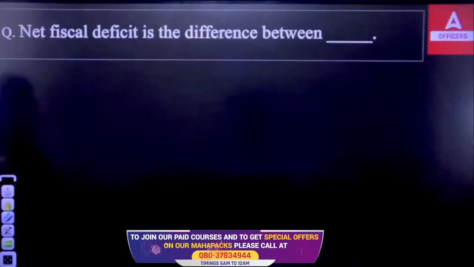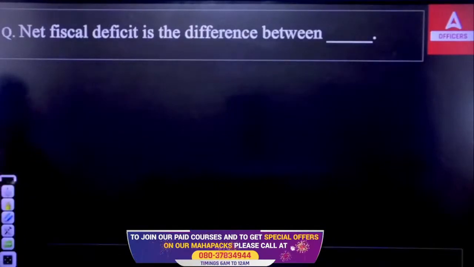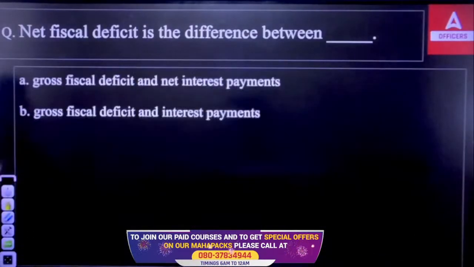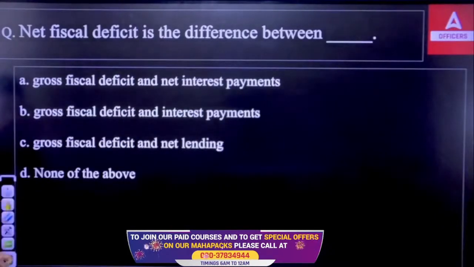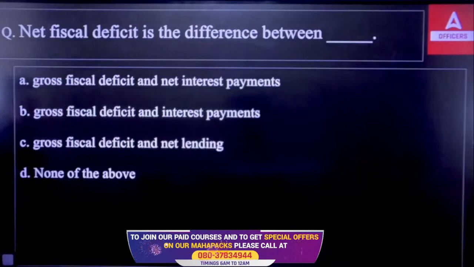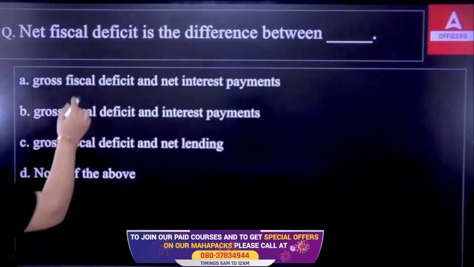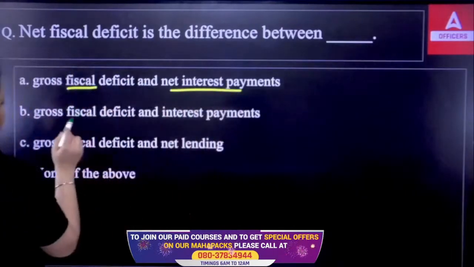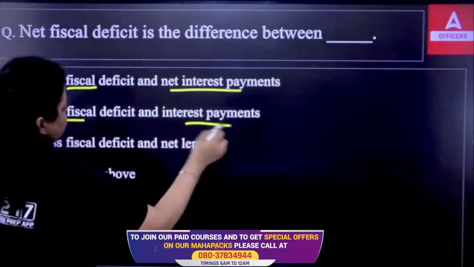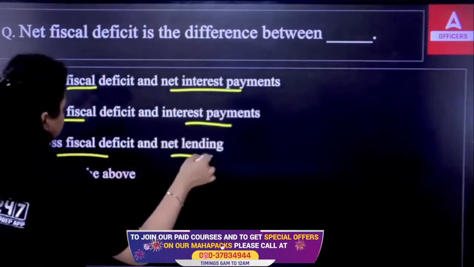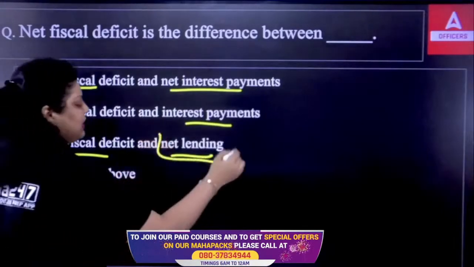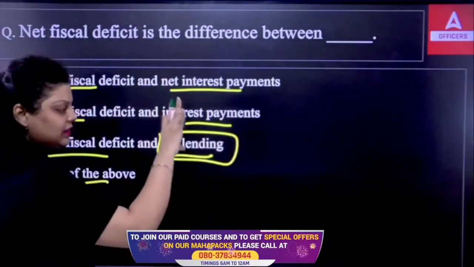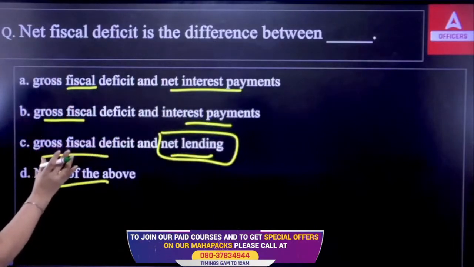Next question. Net fiscal deficit is the difference between what? Fiscal deficit, we have seen, is the borrowing of the government after the budget goes into loss. So it is the difference between gross fiscal deficit minus net interest payment, gross fiscal deficit and interest payment, gross fiscal deficit and net lending, or none of the above. It's very obvious: net lending remains, and you are talking about gross fiscal deficit.